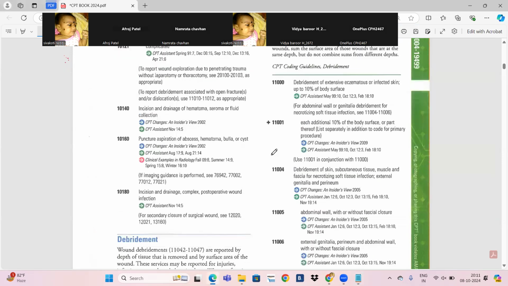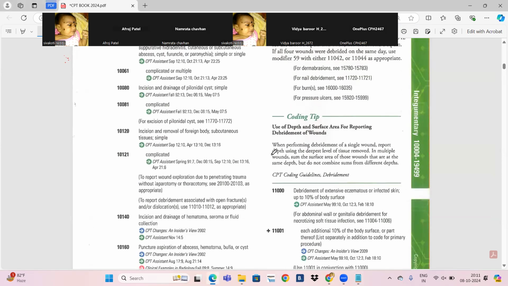Deepest level is enough, no need to code all. This tip you can read, it will be helpful: when performing debridement of a single wound, report depth using the deepest level of tissue removed. You need to follow the deepest level.